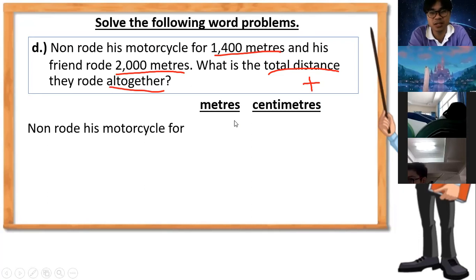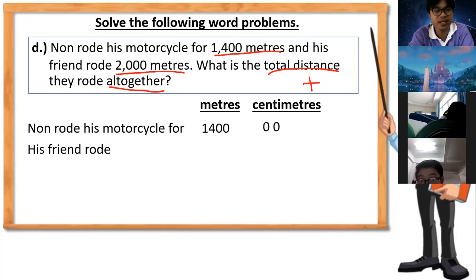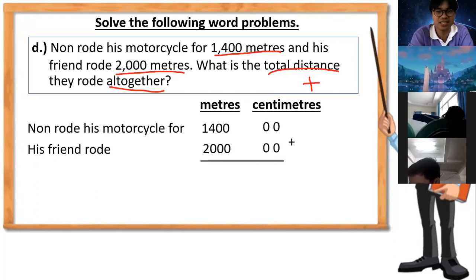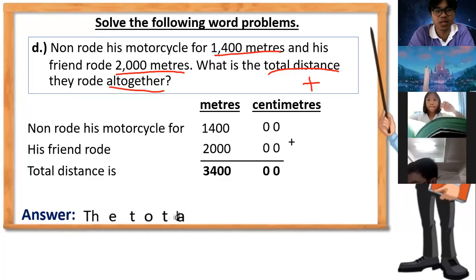Meters, let's separate meters, centimeters. So Noon rode his motorcycle for 1,400 meters. There's no centimeters. Just put 0, 0. Then his friend, 2,000 meters, plus. The answer is, the total distance is 3,400 meters.